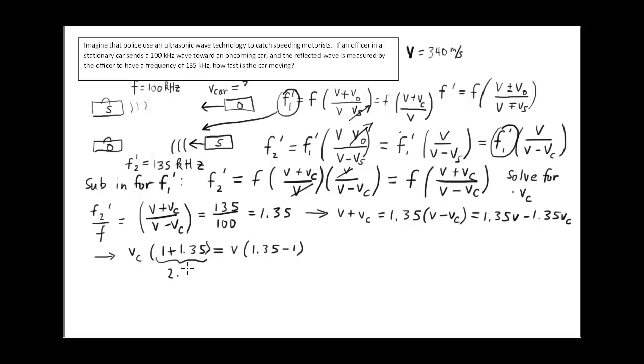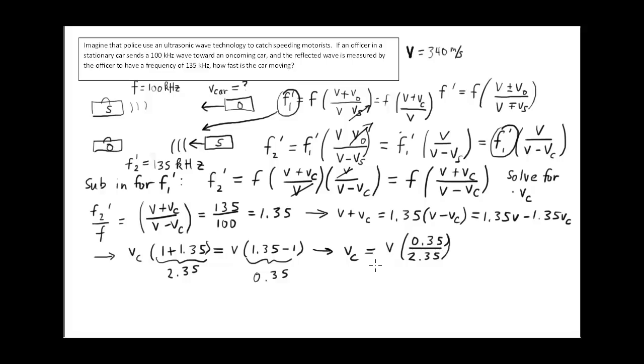This is 2.35. Here we've got 0.35. And so finally, V sub C equals V times 0.35 over 2.35. Like that. V is our 340 that we used from above.